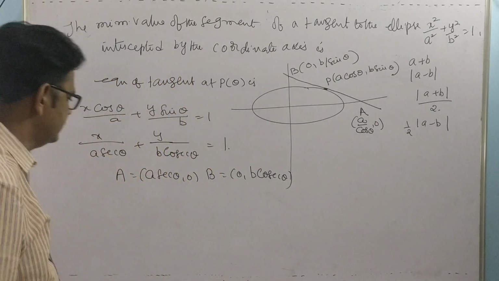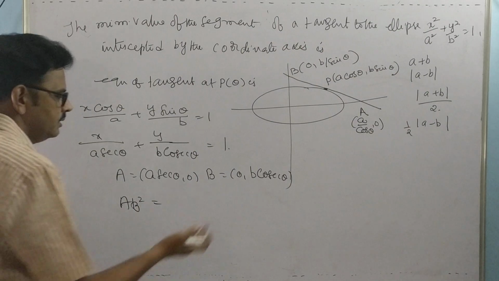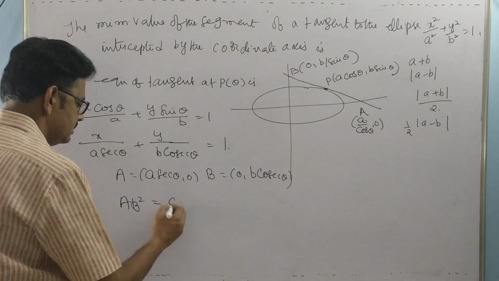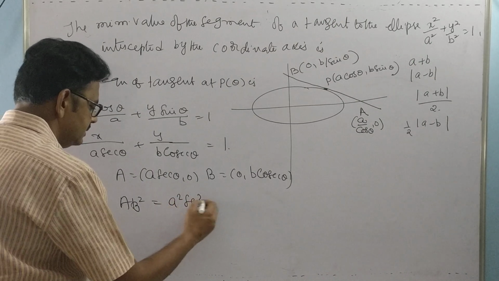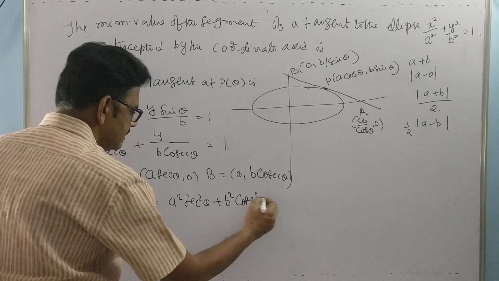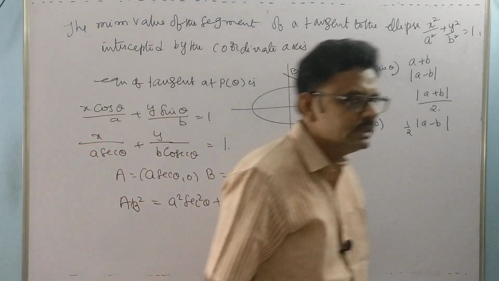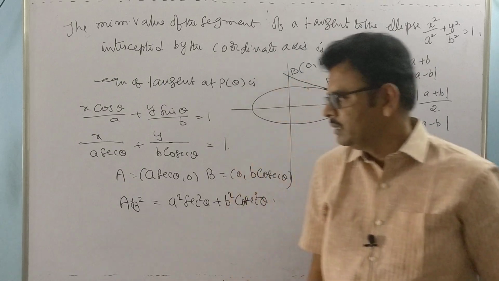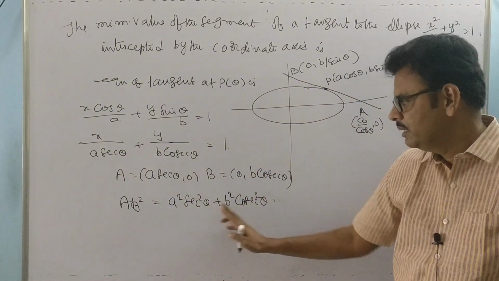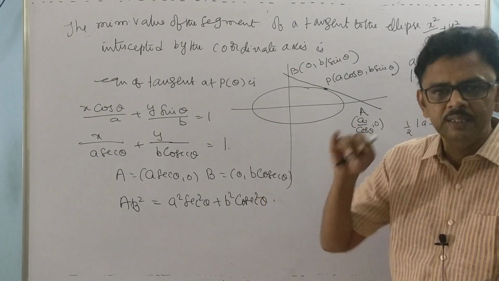First I am finding AB square, the distance between the two points: x2 minus x1 whole square plus y2 minus y1 whole square. So this is a square secant square theta plus b square cosecant square theta. In first year maxima and minima, the minimum value of a square secant square theta plus b square cosecant square theta is a plus b whole square.